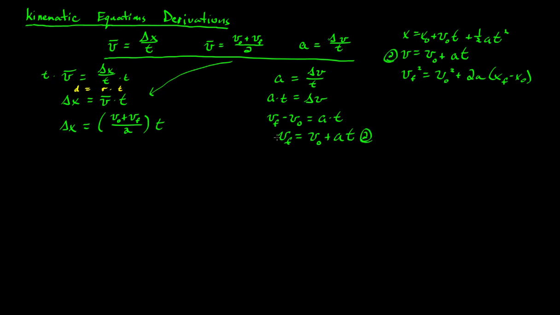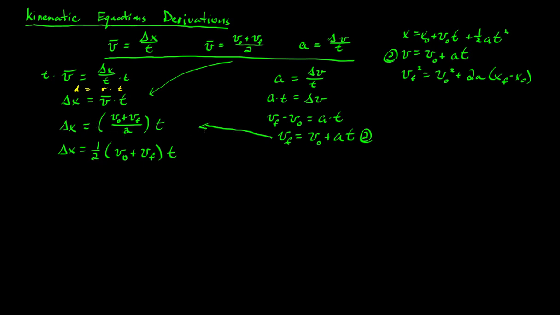But now what I can do is take this and substitute it into this equation. Since this is over 2, I can rewrite this just to make the algebra a little easier. This is 1/2 times v naught plus vf times t. All I did was pull out that 2, but it's 1/2.